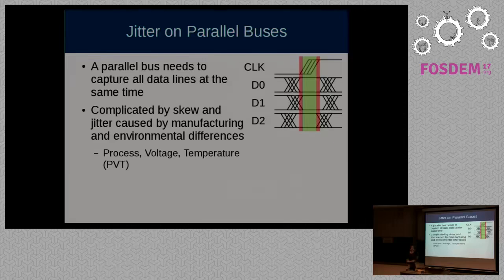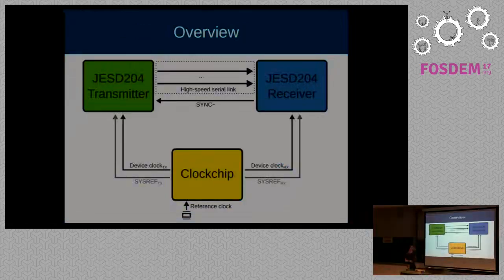And the higher up you go with your clock frequency, the smaller this window gets, and eventually it simply becomes impossible to match. This is where JESD204B or JESD204 comes into play, and here is a quick overview of what such a system looks like. You basically have four components.